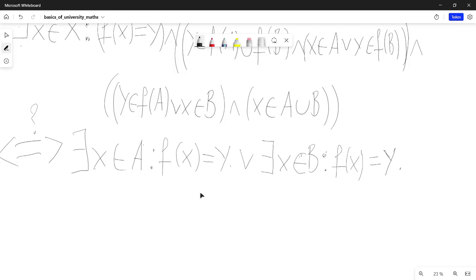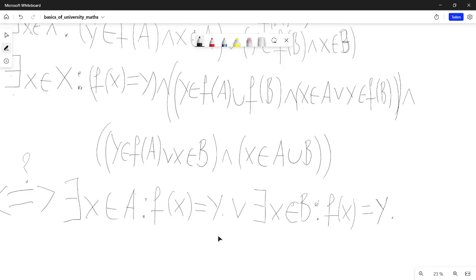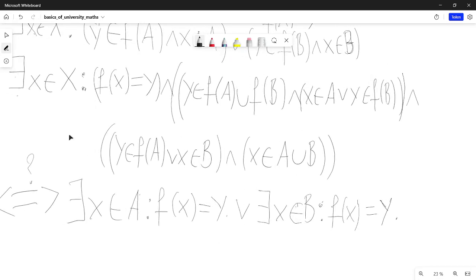Right, but now let me finish it. There exists x element x such that, and so what we have to show is that this is equivalent to this. That is, we have to show the two implications, right? So that is already given. And we have to extract from that x element a.